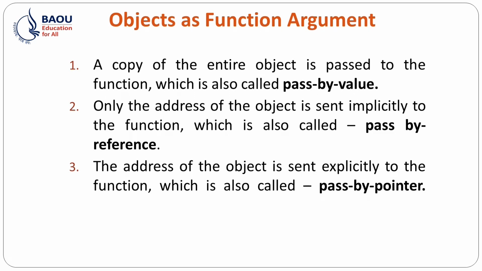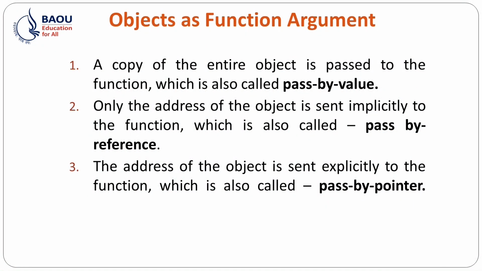Now what does pass by pointer mean? Instead of passing an object by reference, you can pass a pointer to an object. What does this mean? This allows the function to manipulate the original object, and it provides a clear mechanism for checking if the pointer is valid or not, that is, whether it is a null pointer or not.